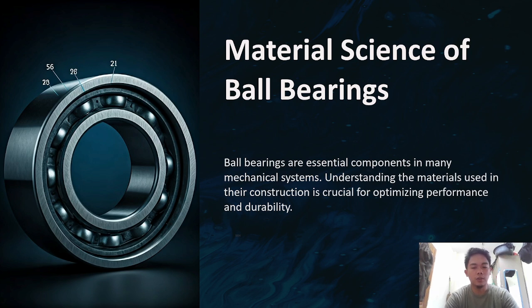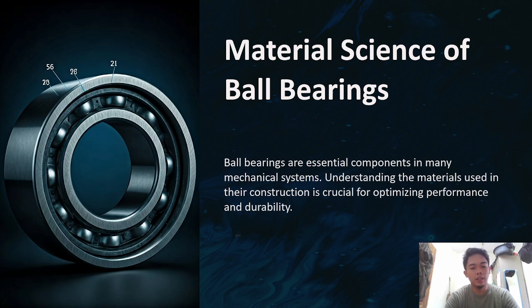The material used to make them, like steel, stainless steel, ceramics, and plastics, greatly affects their performance. So, steel is strong but can rust, while stainless steel resists rust better. Ceramics are light and heat resistant but can break easily.